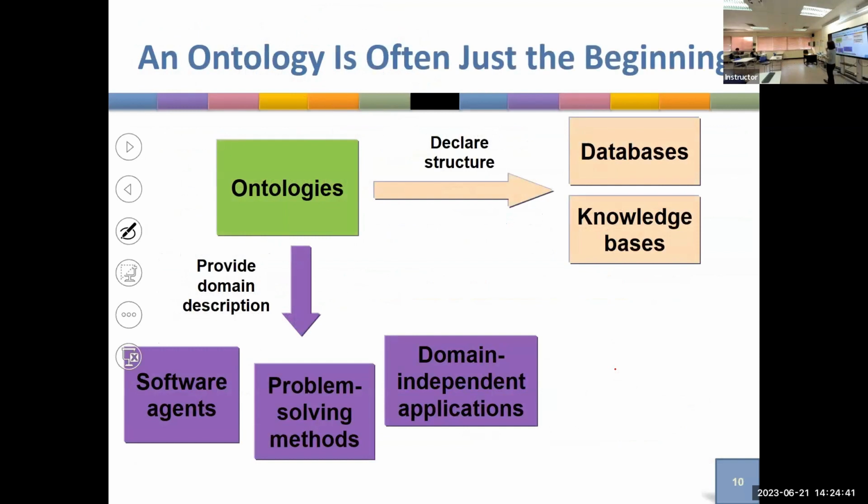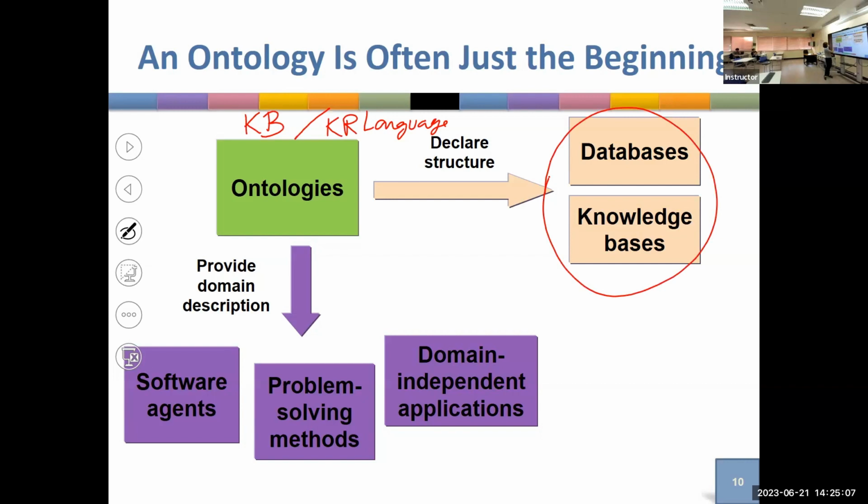How can we use ontology? Actually, it's kind of a knowledge base, right? It's a knowledge representation language. So you can use it for knowledge-based and database applications. This can be a foundation for the knowledge layer, database layer.